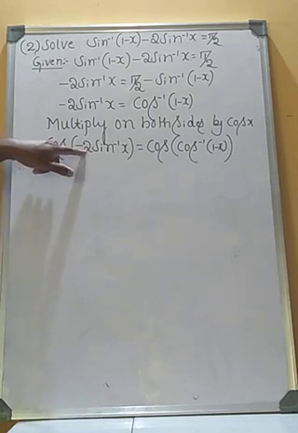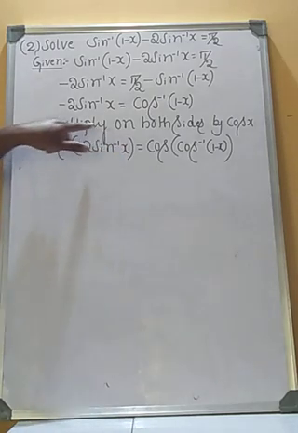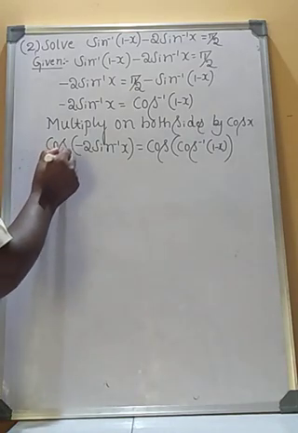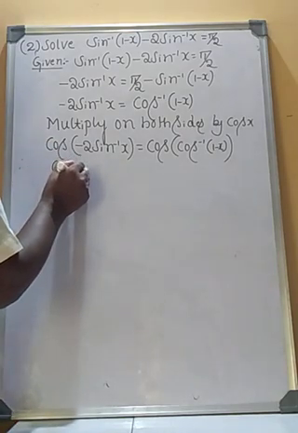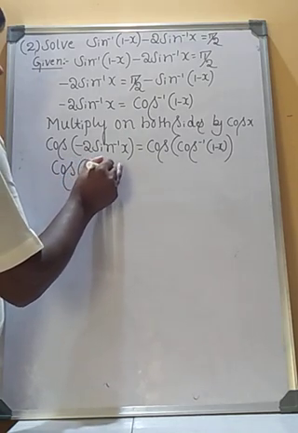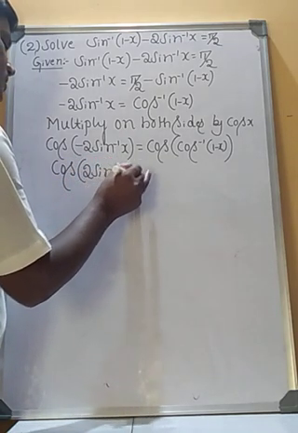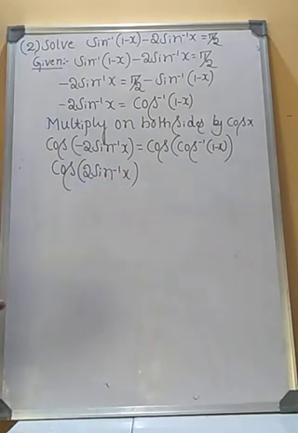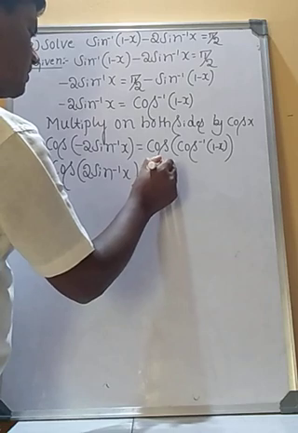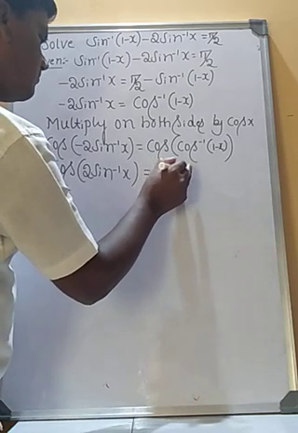Cos of minus theta is cos theta. So cos of 2 sine inverse x is equal to cos of cos inverse of (1 minus x), which is 1 minus x.